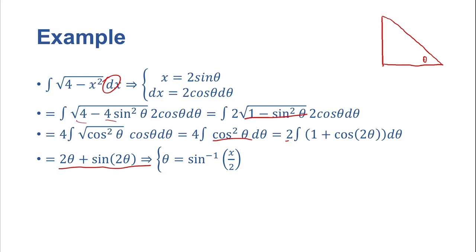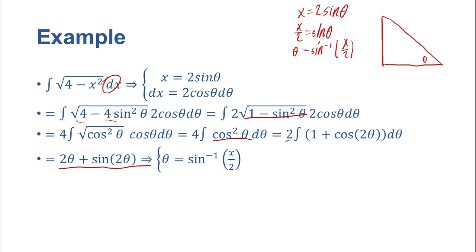So if I have the expression x equals 2 sine theta, then x over 2 equals sine theta. So then theta equals the inverse sine of x over 2. So that's how we derived that there. So now we need to look at ratios.